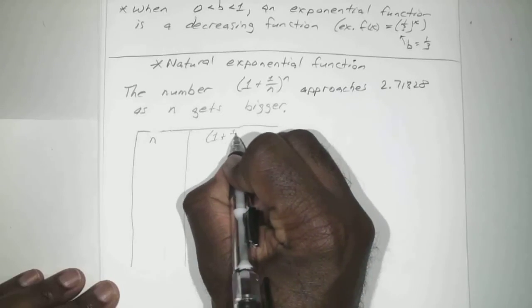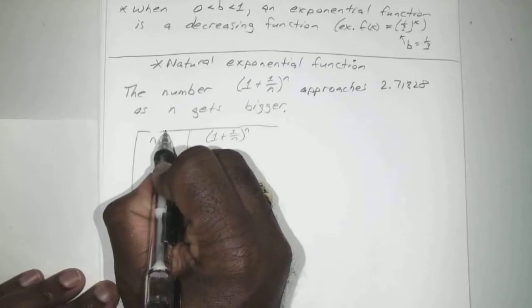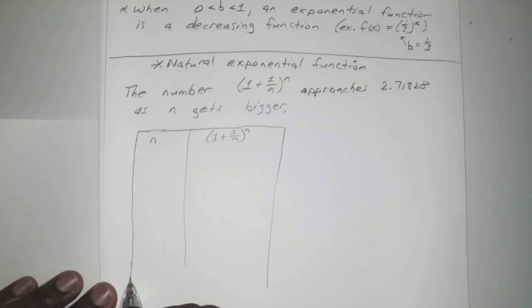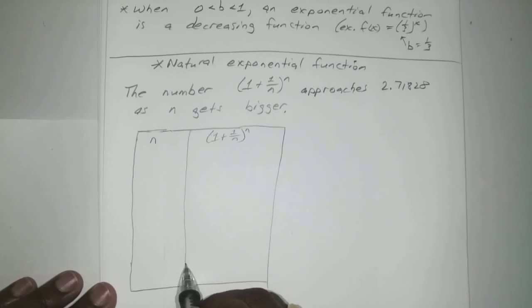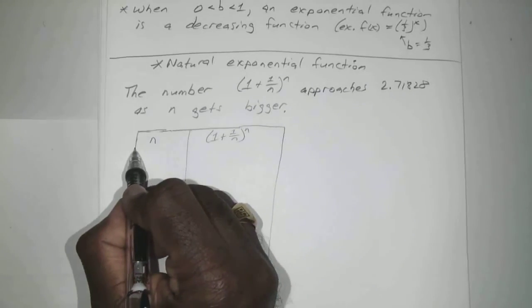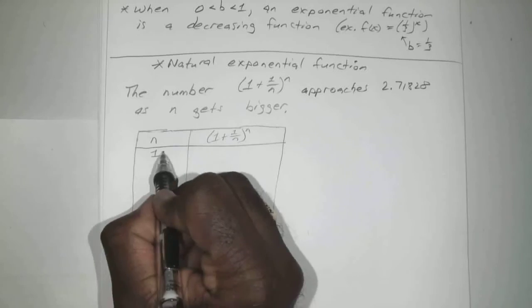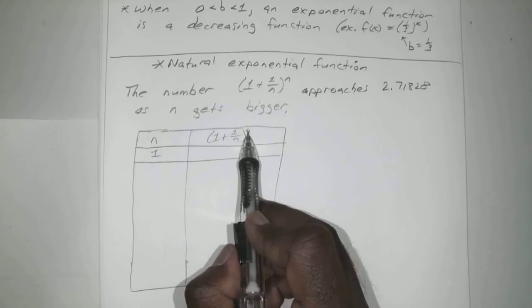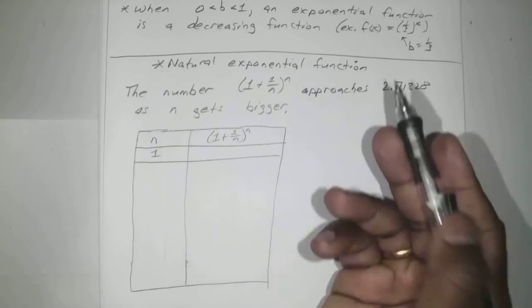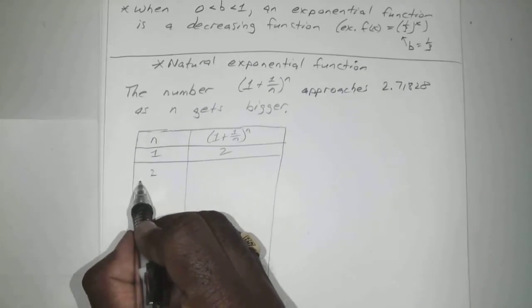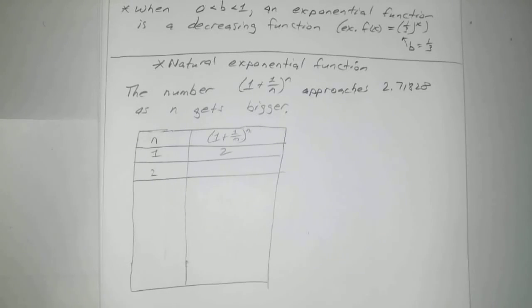And 1 plus 1 over n to the nth power. Okay, so let's say if we decide to make n equal 1. You have 1 plus 1 over 1 to the first power, so you have 2 to the first power, so you have 2.